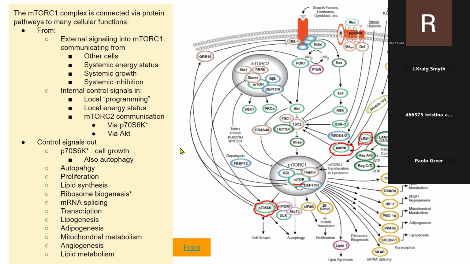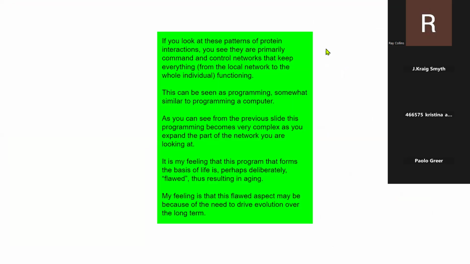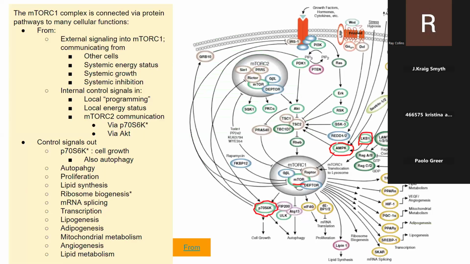So this kind of opens up something that I've been thinking about for quite a few years. If you look at these patterns of protein interactions, you can see they're primarily command and control networks that keep everything from the local network inside the cell to the whole individual functioning. And each one of these networks, you can see that we started out talking about this little network here that controls these four things, to talking about this entire network.